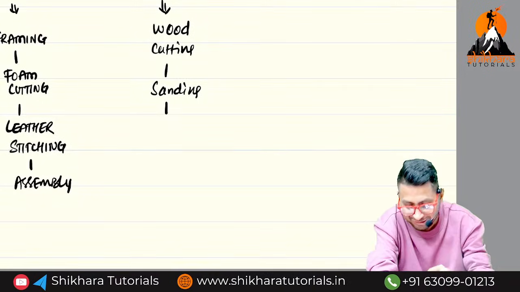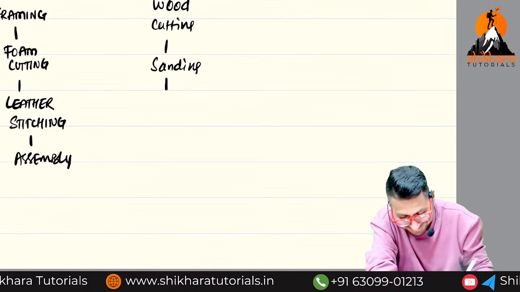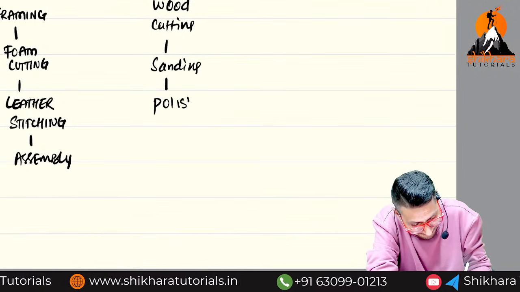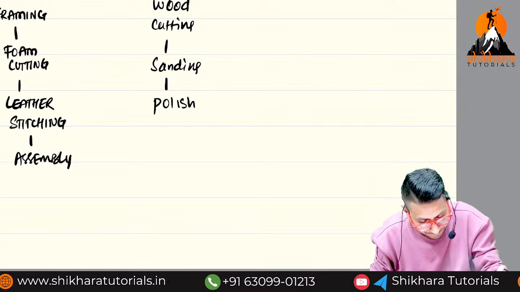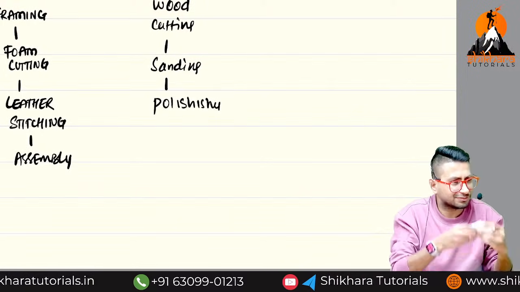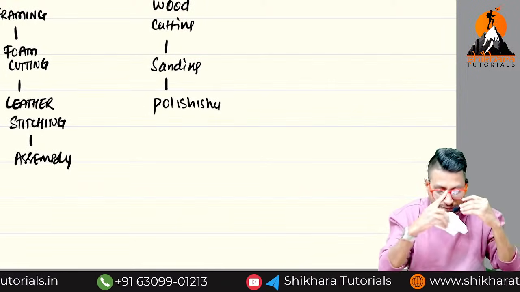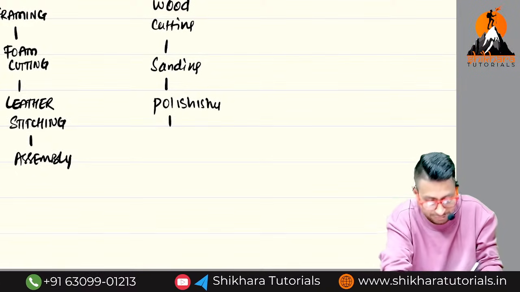Ah, very good. This sound your parents would have made when you were kids. Polishing, like that, and finishing. Do they assemble a bed? Bed is bed. I told you I'm not a carpenter, so I might be wrong. Okay, for your happiness, I will write assembling.